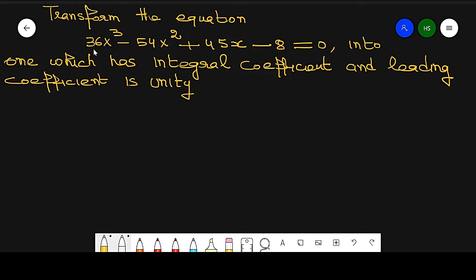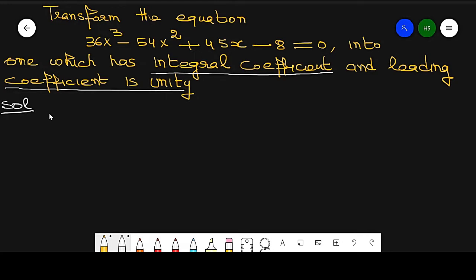So we will transform this equation into one whose coefficients are integers and whose leading coefficient is unity. It contains 2 steps. Step number 1, the coefficients are integers, and step number 2, the leading coefficient is unity.